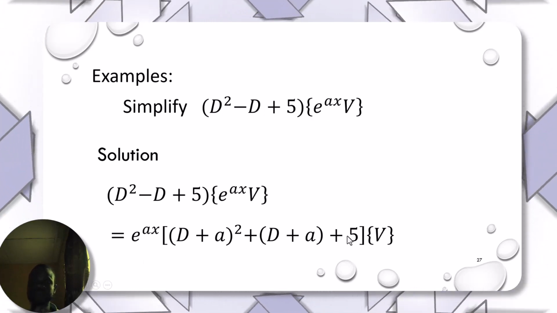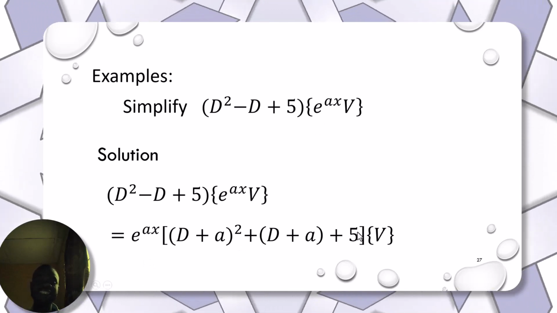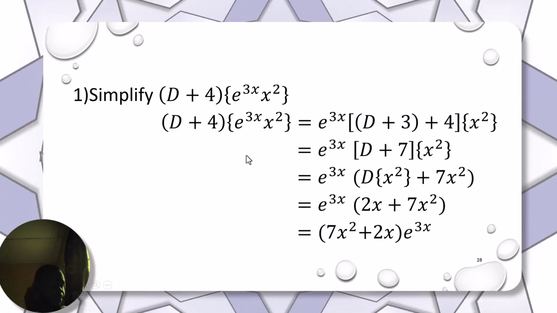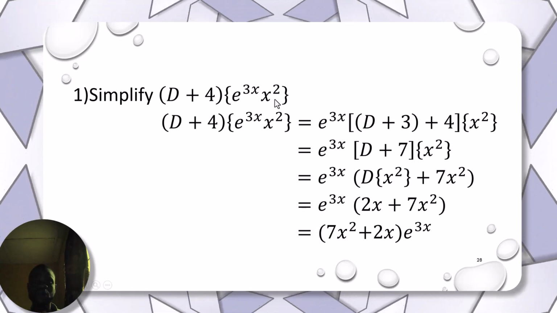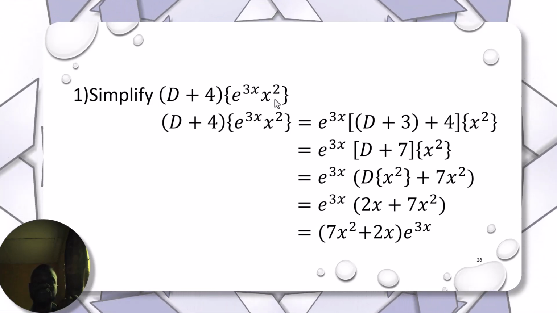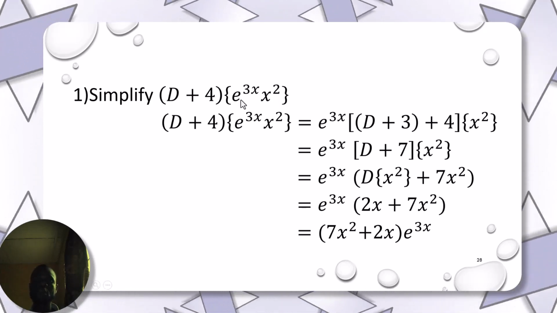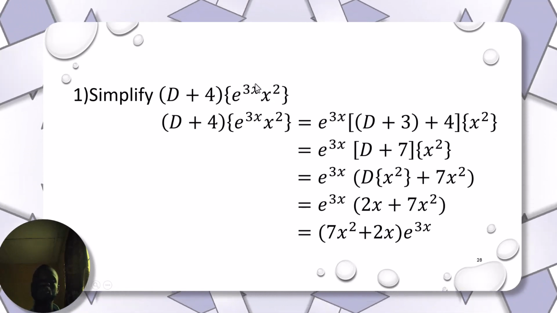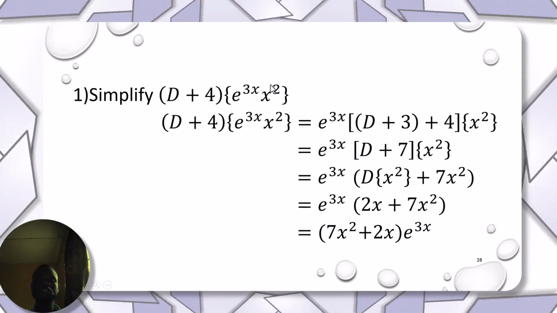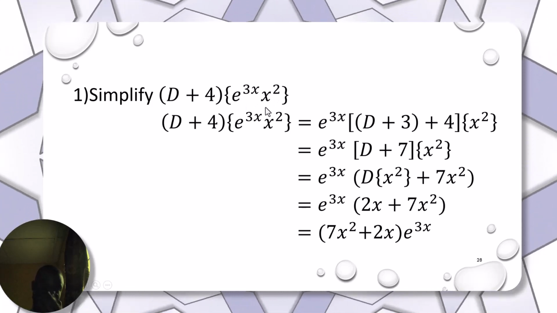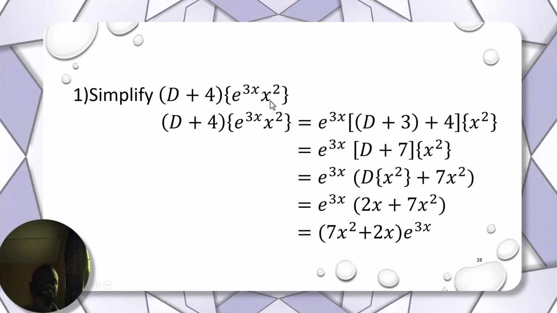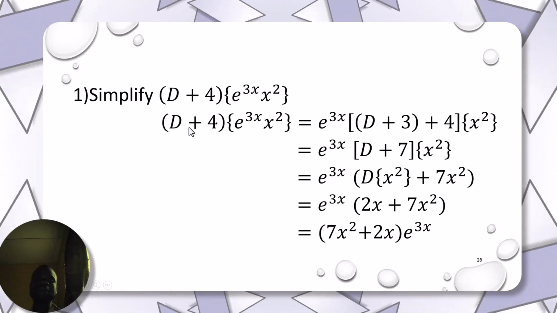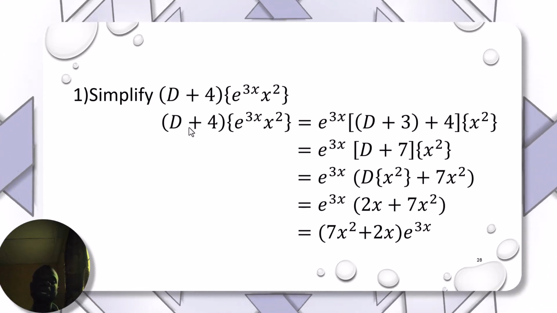There we have this. Now let's take an example where our v is truly a function of x. This was one of the assignments we gave, that you should solve. Now we have an exponential function and another function multiplied, which is also supposed to give us a product rule, but this function is a function of x. So what you simply do, we said, wherever you see D, replace with D plus a, and it's simple.